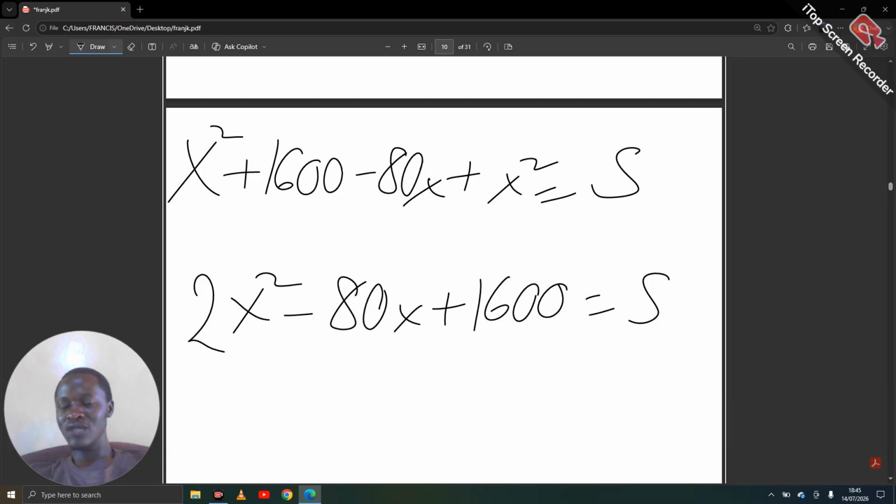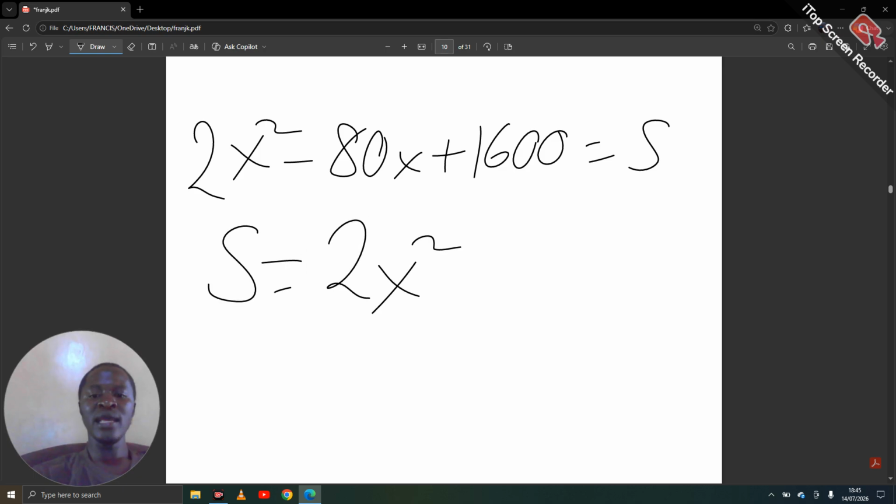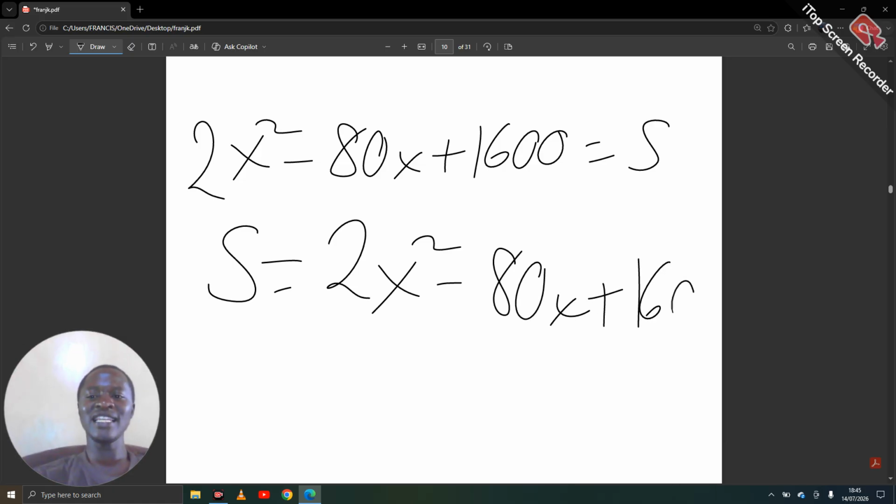So x squared plus x squared, we have 2x squared minus 80x plus 1600. Okay. So rewrite this into mathematical terms. So our sum will be 2x squared minus 80x plus 1600.